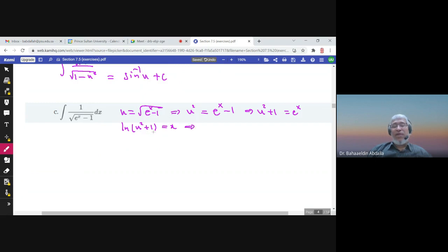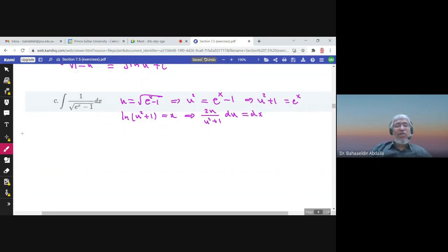And now I can find the derivative. So the derivative of the left hand side, 1 over u squared plus 1 times 2u du, would be equal to dx. So now I can change this integral to u. I have 1 over u, square root is u, and dx I can write as 2u over u squared plus 1 times du.